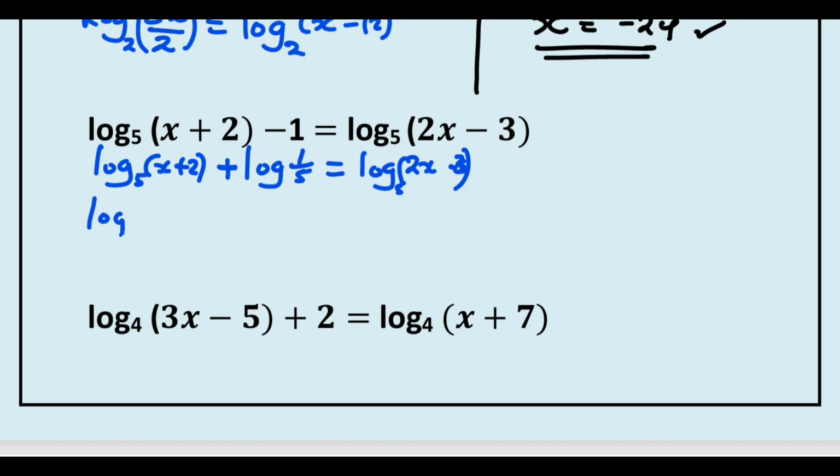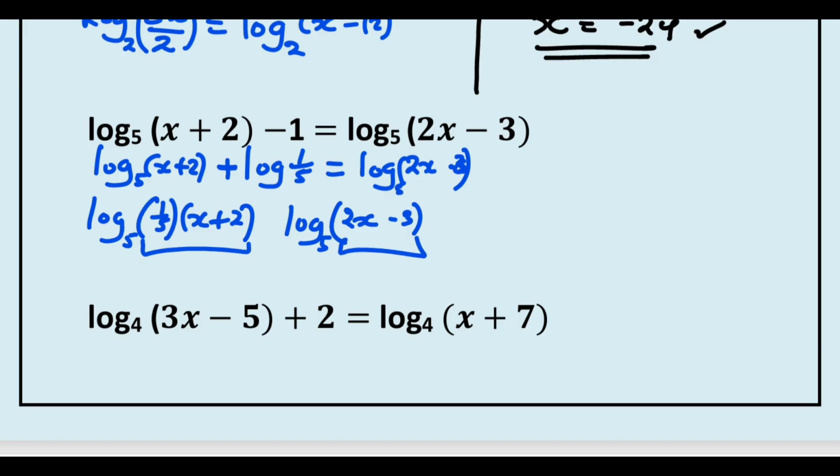So we shall now have log to base 5 of 1 over 5 by x plus 2 is equal to log 2x minus 3. The base is 5 on this side also. So at this point, drop the logs and then equate these values. So it will now mean that 1 over 5 into x plus 2 is equal to 2x minus 3.